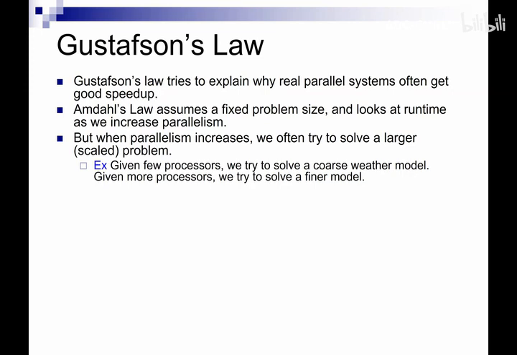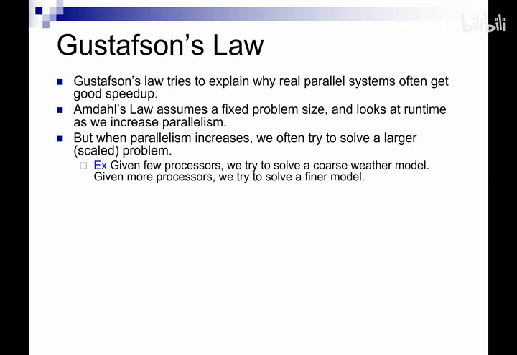However, in practice, this is usually not what happens. When you increase your number of processors, you usually do not fix your problem size. Instead, you increase the problem size as you increase the number of processors. For example, say we're trying to do a weather simulation. If you only have a few processors, you're going to be satisfied with just a coarse-grained model for the simulation.